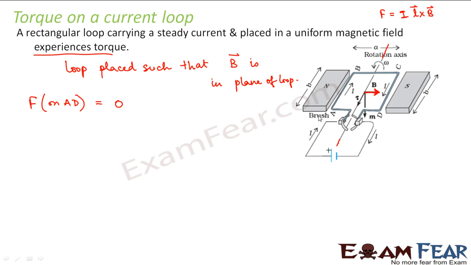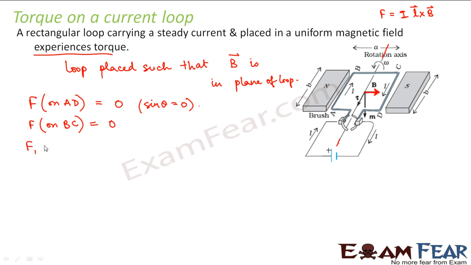Here, for side AD, the length vector as well as the magnetic field vector are in the same direction. Therefore, sine theta is equal to 0, so the force acting on arm AD will be 0. Similarly, the force acting on arm BC will also be 0, because BC is also along the same direction. So there will be no force acting on AD and BC.